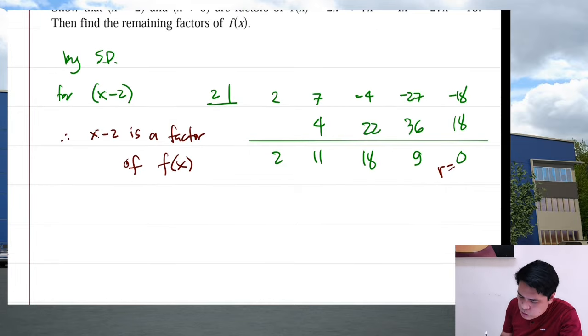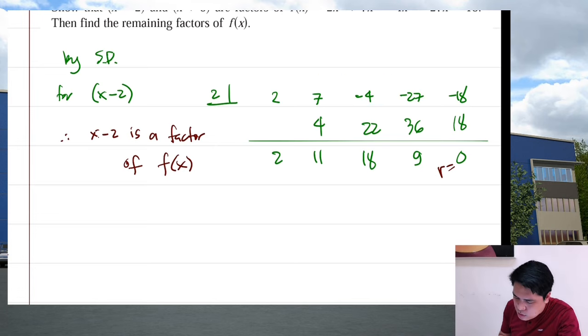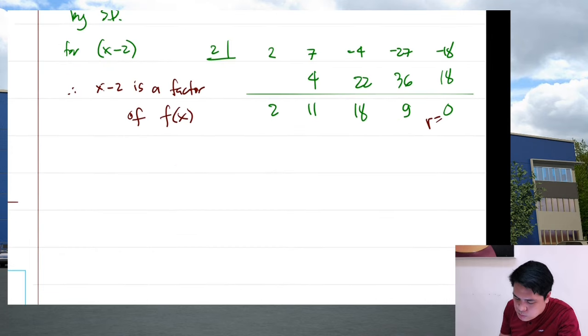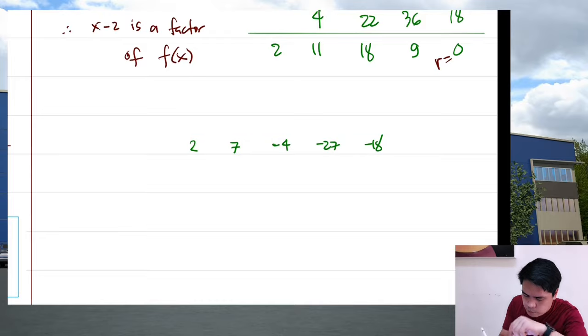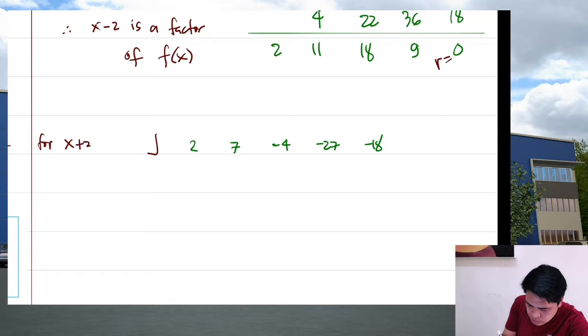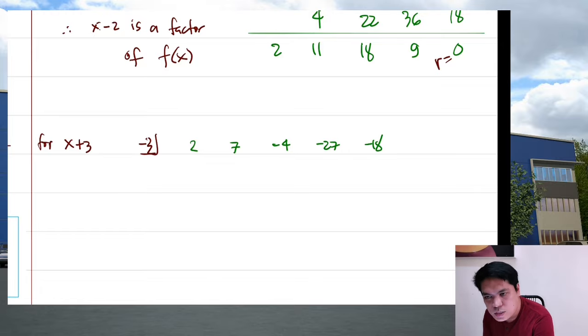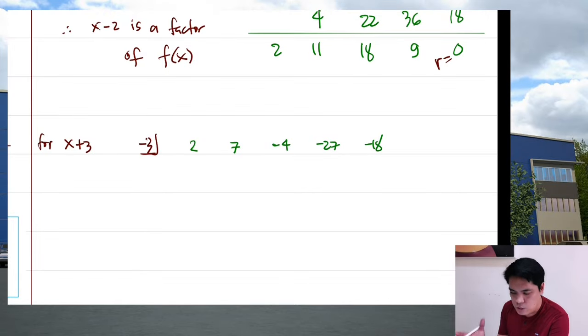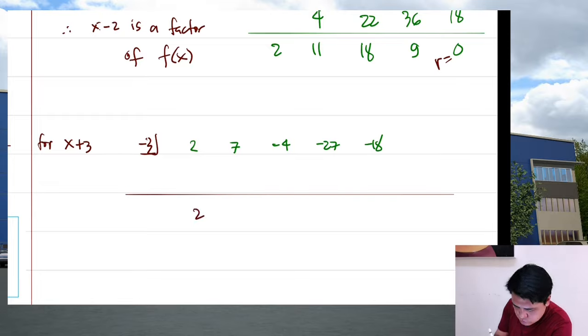So let's proceed to the other one, x plus 3. Let us test x plus 3. We substitute negative 3, then check if the remainder is 0. If the remainder is 0 again, then it is also a factor. So do synthetic division again.